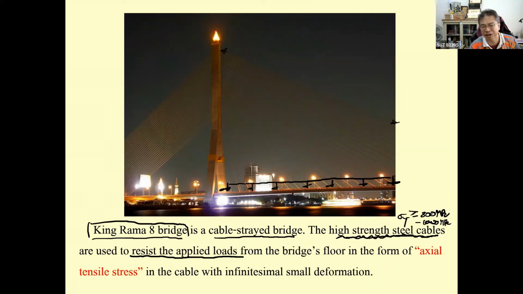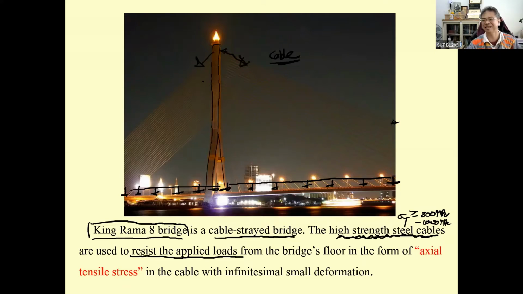Only the bridge structure cannot resist that kind of force. So to make the structure more efficient, they put the cable to take care of the force by transferring it into this large pier, large column, and the load will be balanced between one on the left and another on the right.